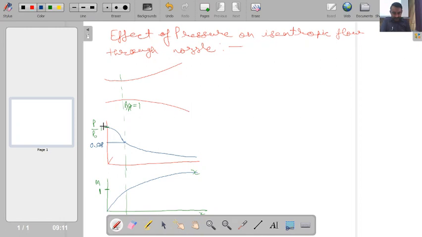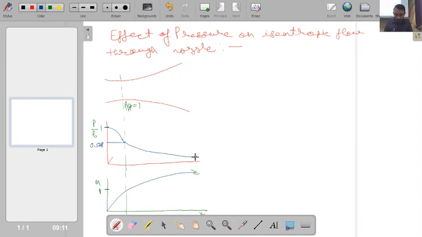Fine. And ultimately, if I place the nozzle in the atmospheric conditions, flow will not automatically take place through the nozzle. So what we have to do for the flow to occur through a nozzle, we have to maintain the pressure difference between the starting and the ending point of the nozzle.